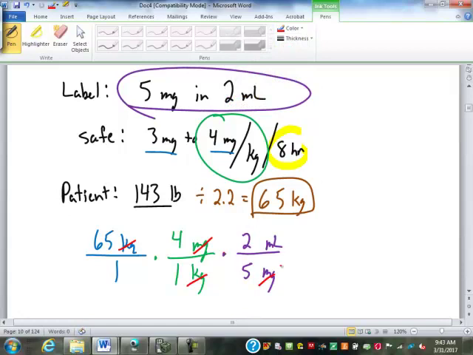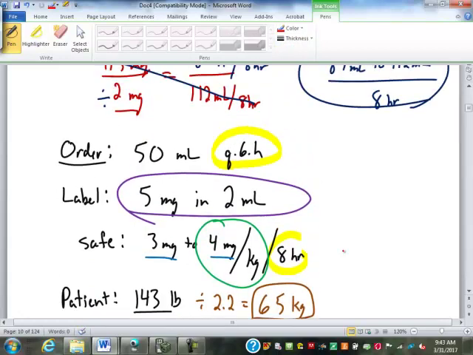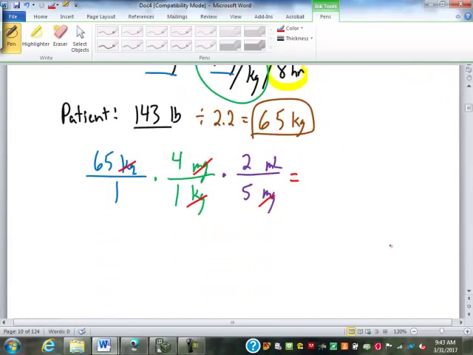So the milligrams are gone. So now we're going to go ahead and multiply this out. 65 times 4 is 260. Times 2 is 520 milliliters divided by 5. So that's 104 milliliters.